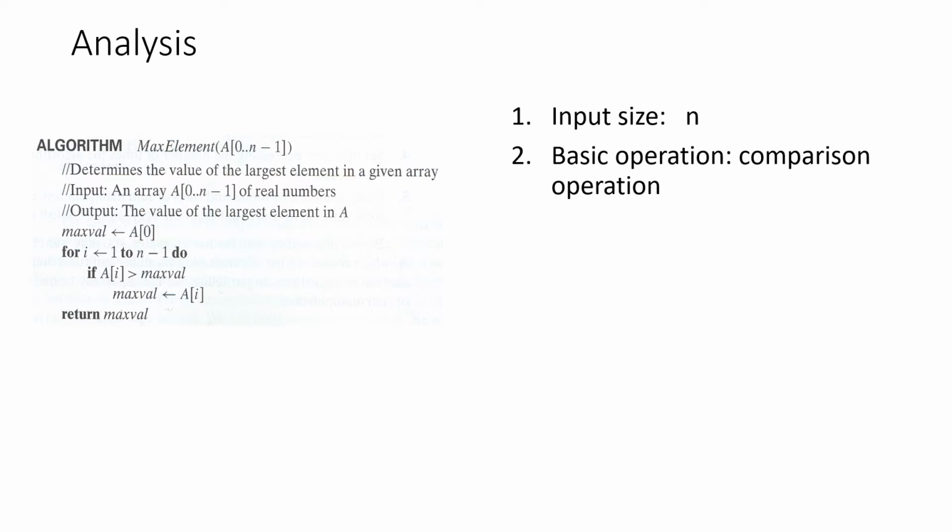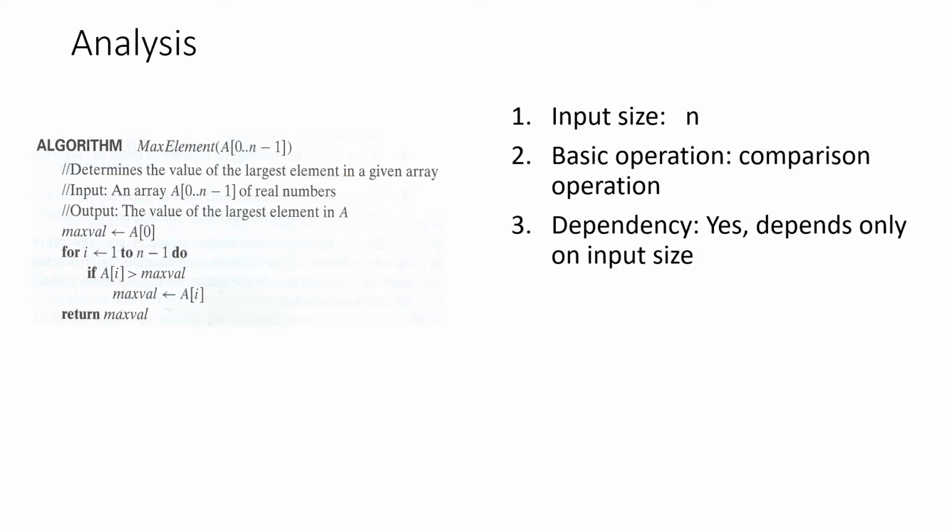So, comparing these two statements, the comparison or condition checking operation takes place more number of times. Hence, among these two statements, we consider the statement containing the greater than operation, that is the comparison operation, as the basic operation. So in our example, the maximum value identification algorithm, we consider the comparison operation as the basic operation.